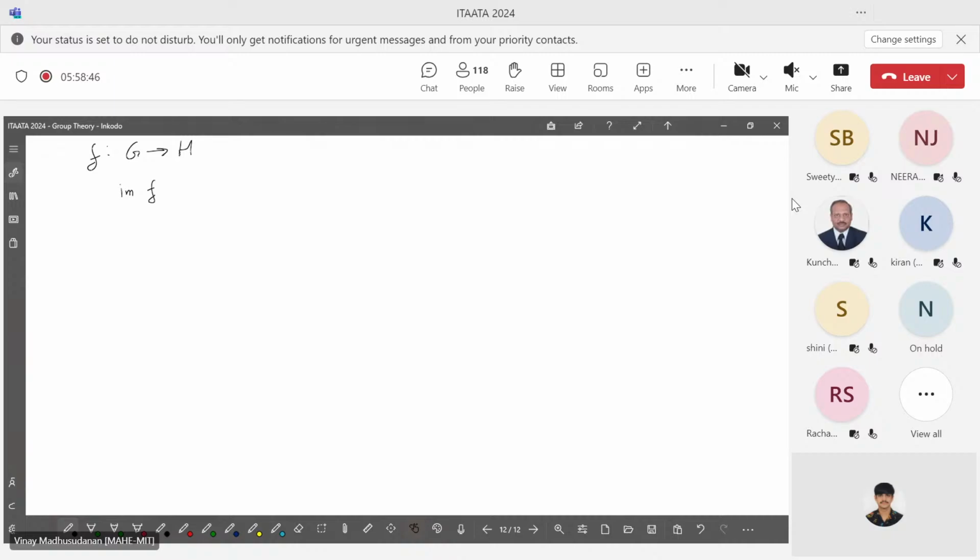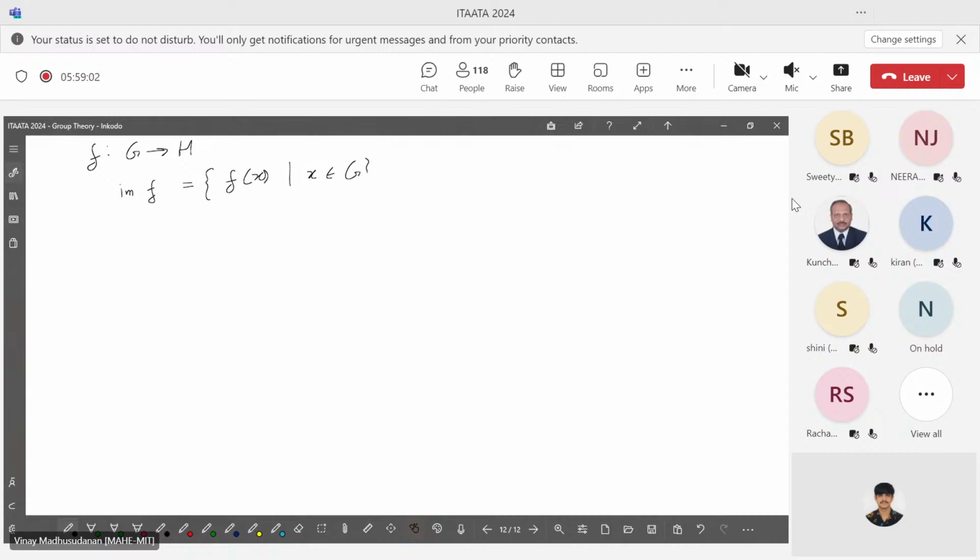Usual as a function image, right? So you can either write y belonging to H such that y is equal to f of x, or something. I'll more simply write this.